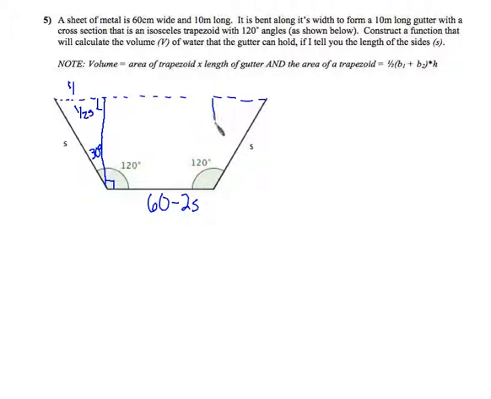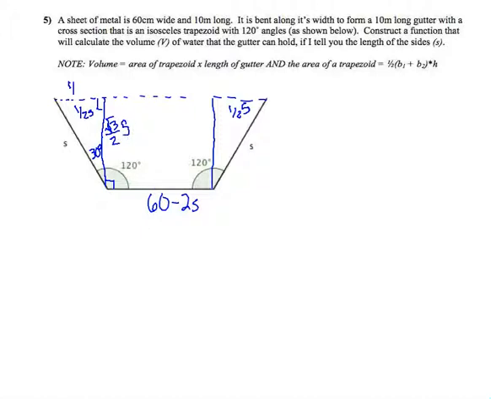And then we have another triangle over here which is identical. This is 1/2 s. And then the height of this, and you can remind yourself about the sides of a 30-60 right triangle, but the height of this is going to be √3/2 times s.